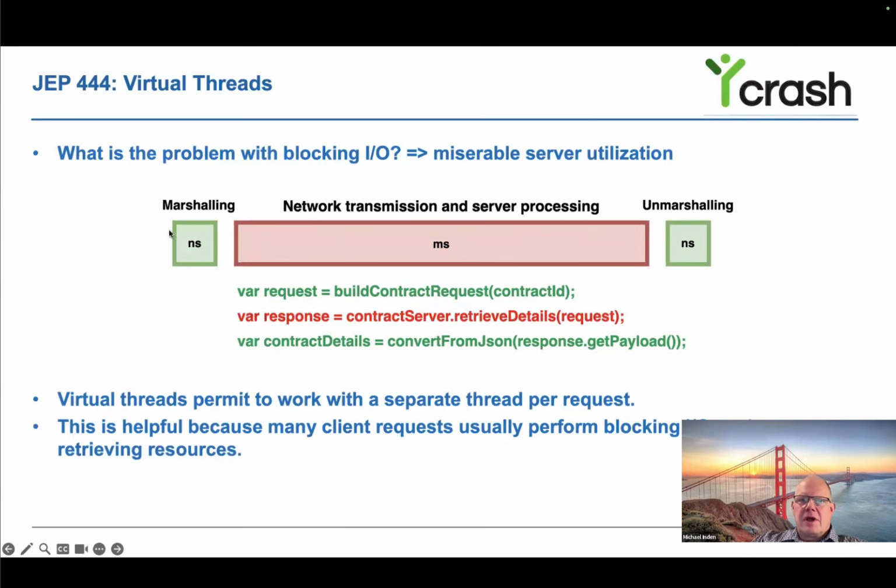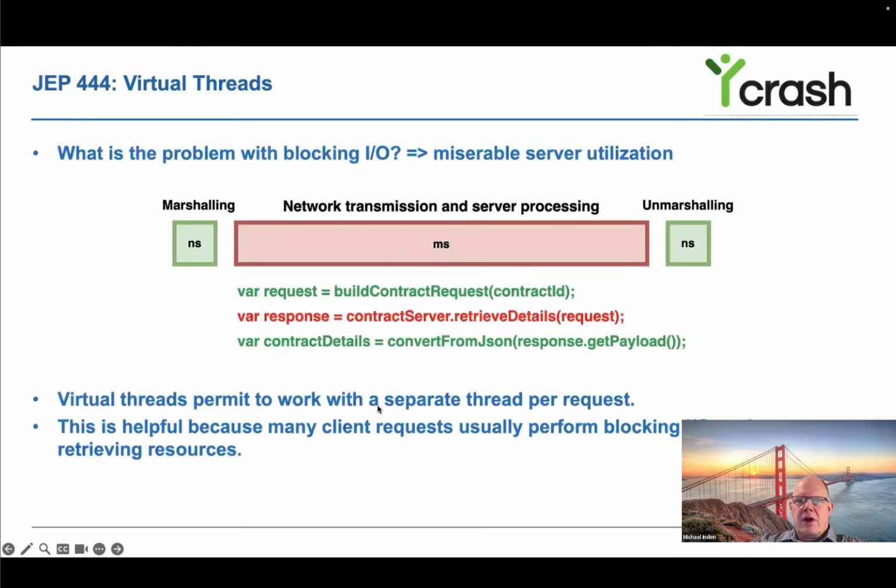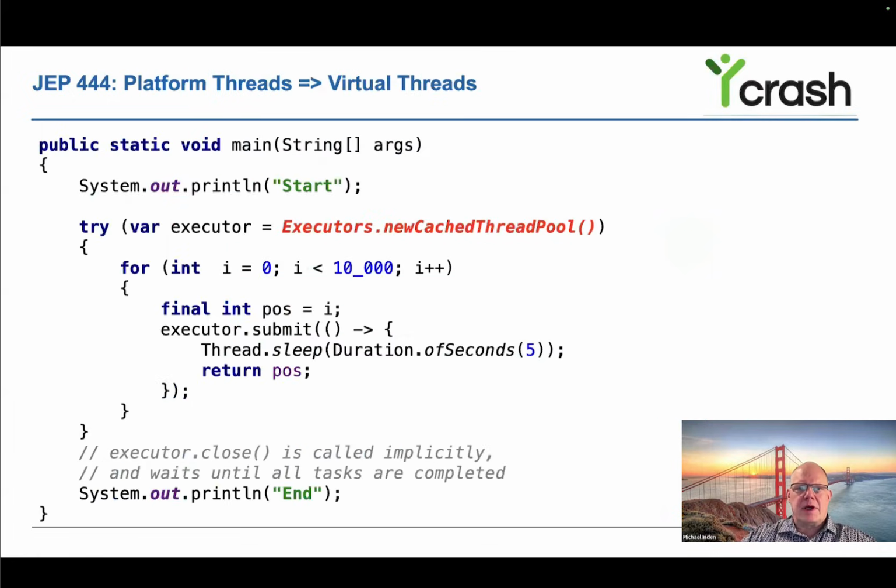So with this in mind, it's a good idea to map multiple virtual threads to one real operating system thread. And the cool thing is that they managed to have the same API, so virtual threads are normal threads from the API.